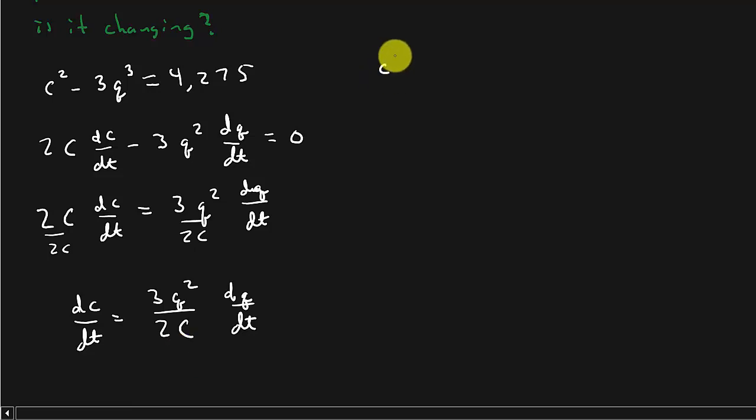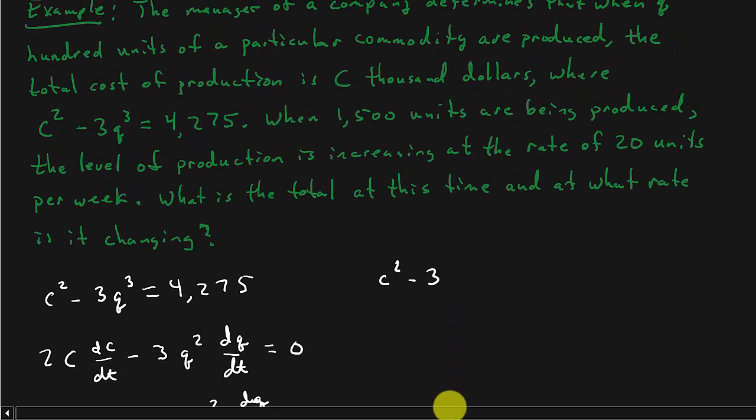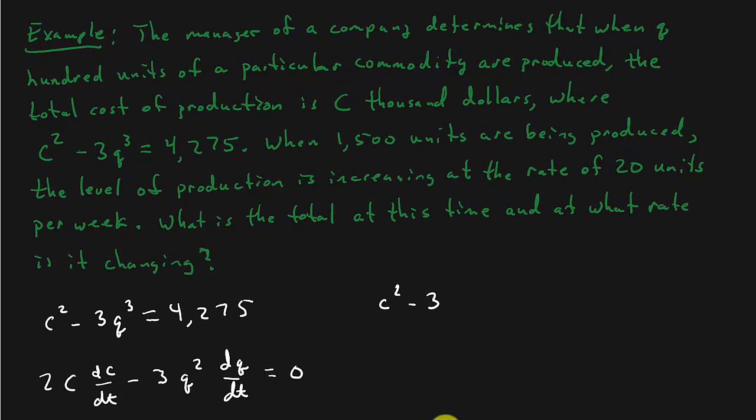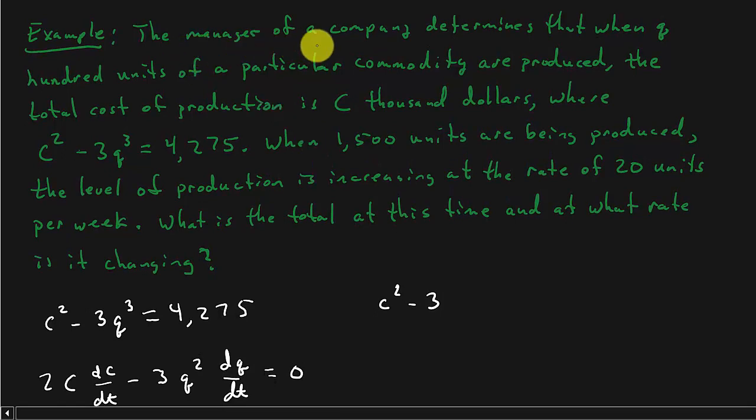So I've got C squared minus 3 times, and then what does it say? It says that when Q hundred units of a particular commodity are produced, so that means Q is 1500, so that's going to be 3 times 15 cubed, right? Because it says that Q represents hundreds of units, so I've got to take this decimal and move it 2 places to the left.